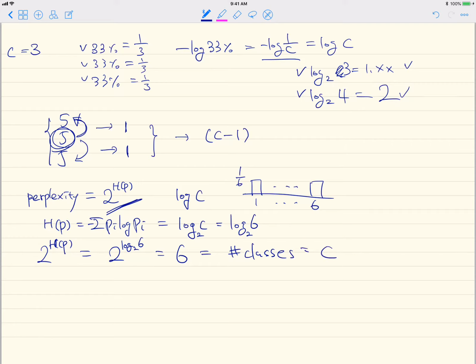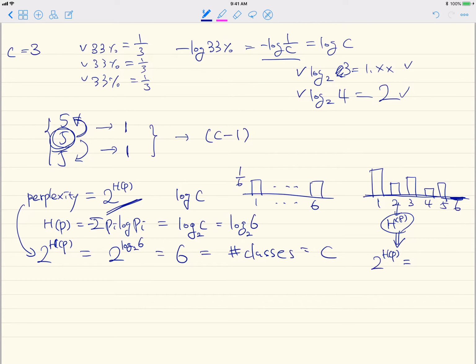And that is our C. Okay, and now suppose we have some distribution that has some amount of uncertainty. Okay, so this is another dice. In this case we can also compute this entropy value H(P), and then we can compute this perplexity, right?